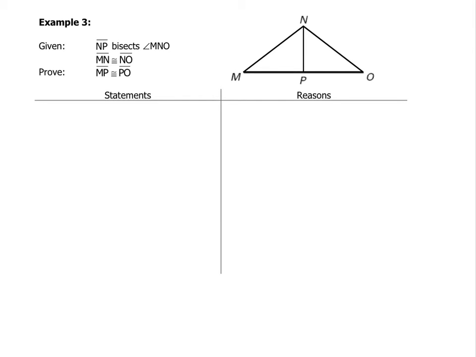It actually, if anything, makes proofs a lot easier. We're given that MP bisects angle MNO. I'm sorry, that's an O. So in other words, these two angles are congruent to each other. That's given.